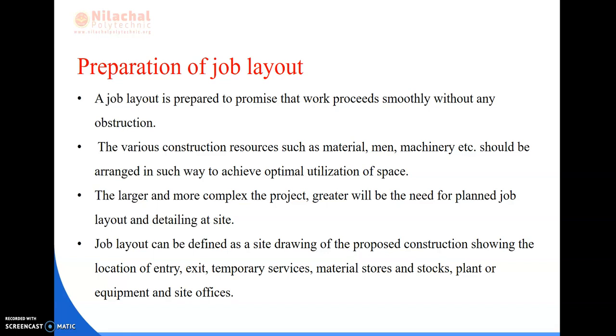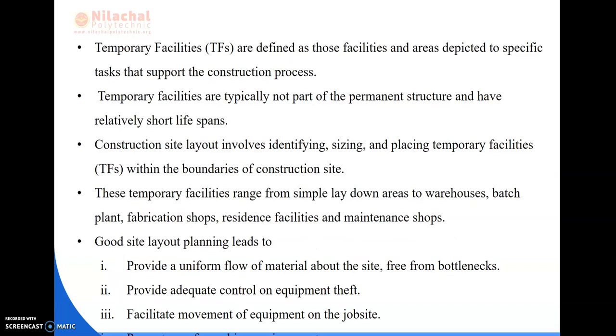The larger and the more complex the project, the greater the need for planned job layout and detailing at the site. It is mainly defined as the site drawing of the proposed construction, showing the location of the entry, exit, temporary services, the storehouse, stocks, offices, etc.